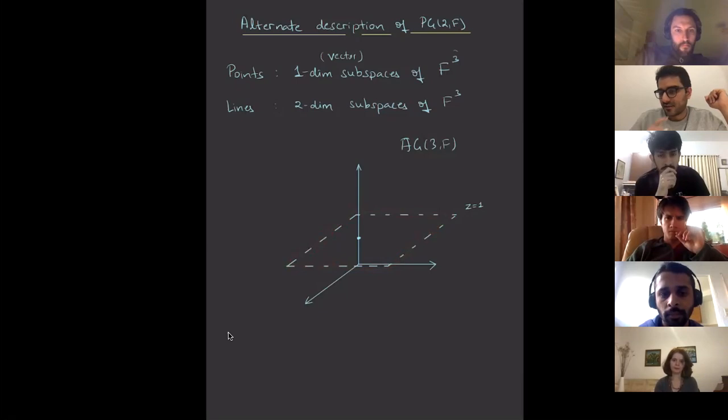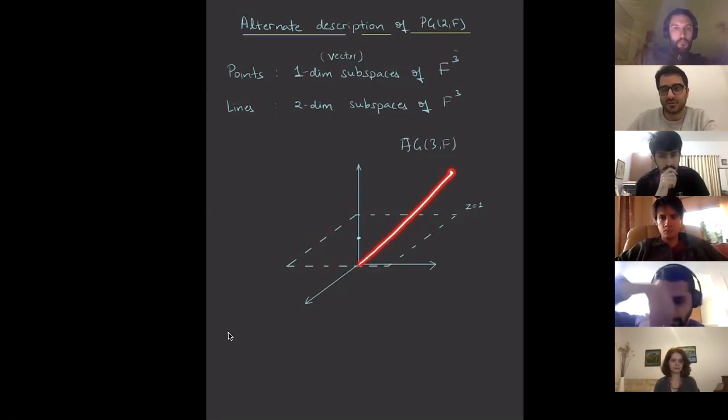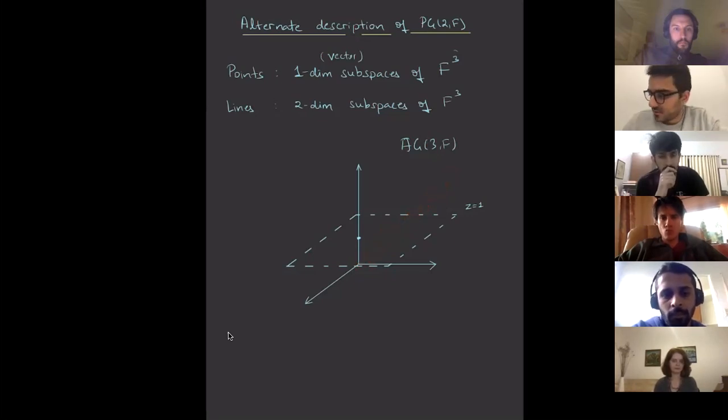Using this, I will show you an isomorphism between this model and the previous model. And here's how it goes. Firstly, for every one-dimensional vector space, which is a line through the origin in this model, there's a unique point on the z equal to 1 plane where it intersects this plane. So just to be clear, this z equal to 1 plane is isomorphic to AG(2, F).